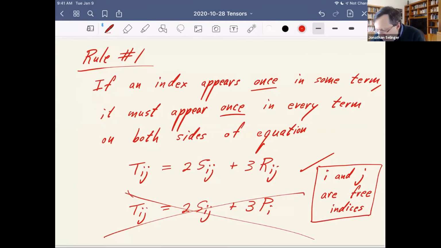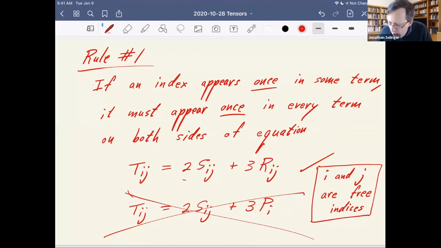And to say that they are free means they get to be x or y or z, whatever they want. Well, they get to be all of these things, right? They are all of these things, and they can be all of these things in every term on both sides of the equation. Okay, so that is rule number one.